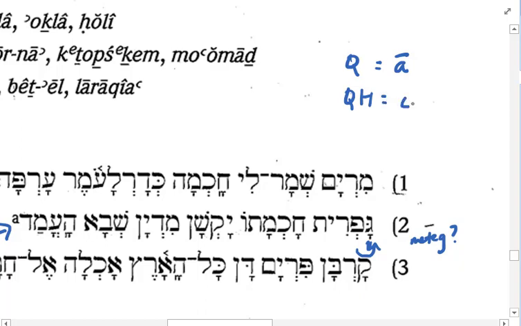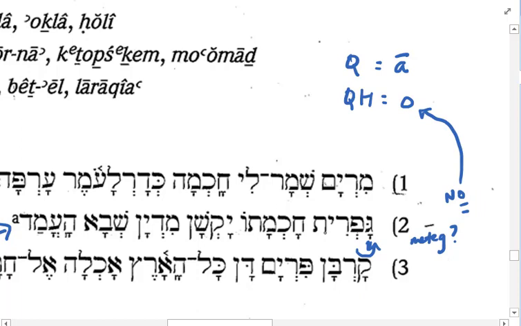Kametz ketuf is a short O. That's O, right? So the pivotal answer to the question, in this circumstance where I have this shva following a kametz or a kametz ketuf, is whether there's a methag or not. If the answer is no, the O should remind me that what I'm looking at is a kametz ketuf. Okay.